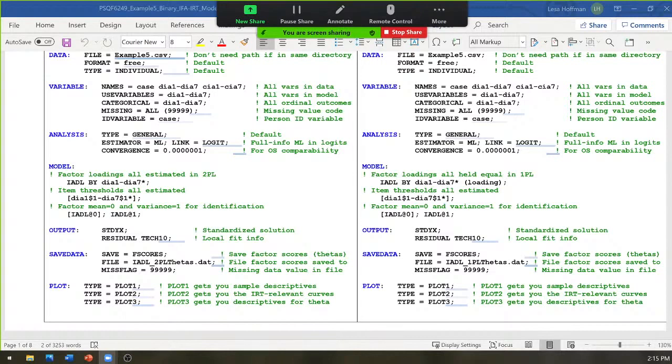When we get to ordinal items, you'll see that there's more than one threshold. And then the trait itself has its mean fixed to 0 in brackets and its variance fixed to 1 for identification. So to change your model estimation, the options under analysis are what you change. The model itself is the same.